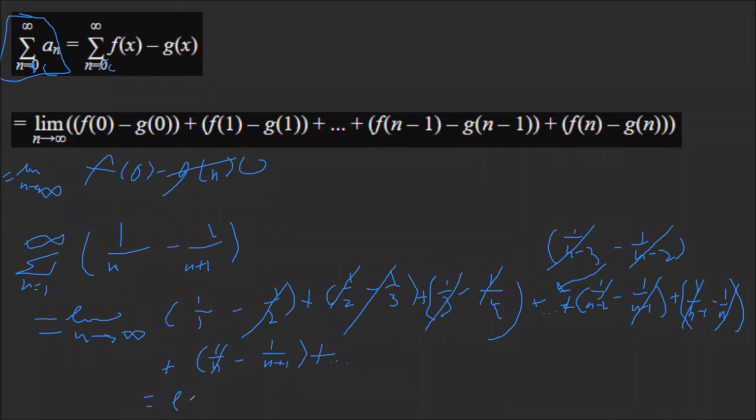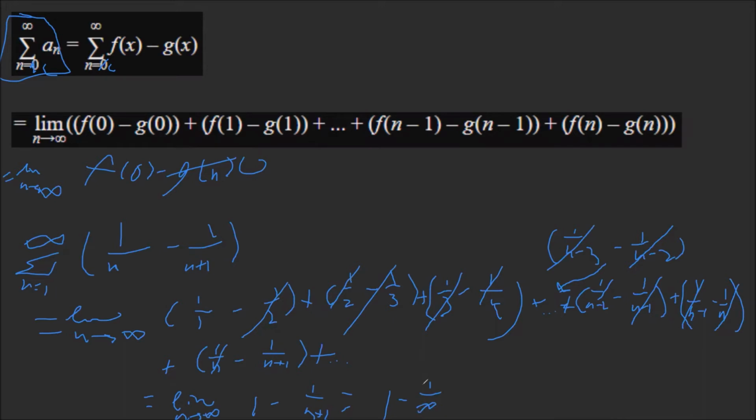So what we have now is the limit as n approaches infinity of 1, as you can see over here, minus 1 over n plus 1. Now, this limit is in fact equal to 1, because if we were to use infinity in place of n, we'd end up with 1 minus 1 over infinity plus 1, which is infinity.